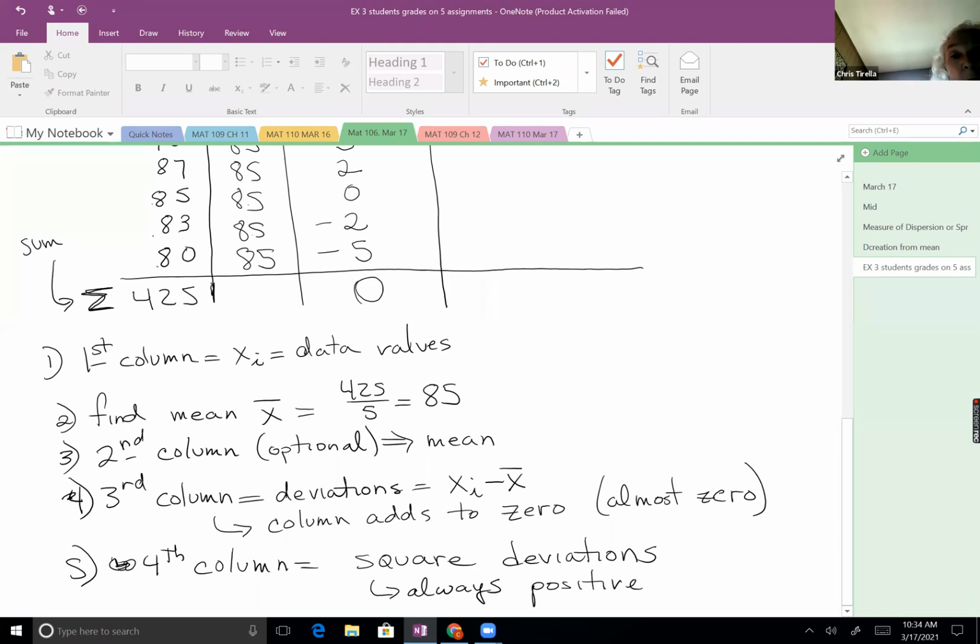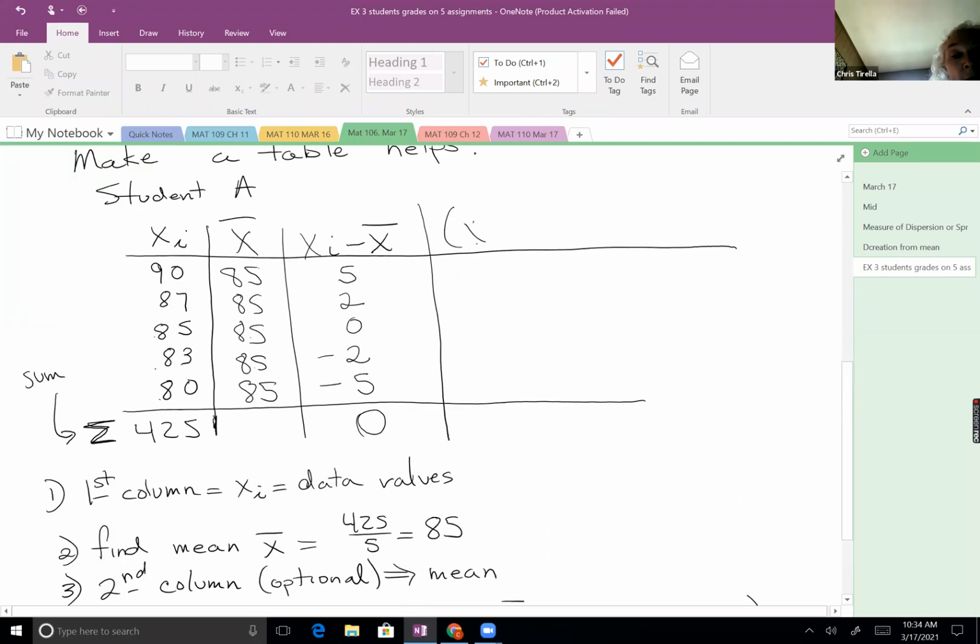So I'm going to go up and label this x sub i minus x bar quantity squared. And I'm just squaring the number in the column before. 5 squared is 25. 2 squared is 4. 0 squared is 0. Negative 2 squared is also positive 4.